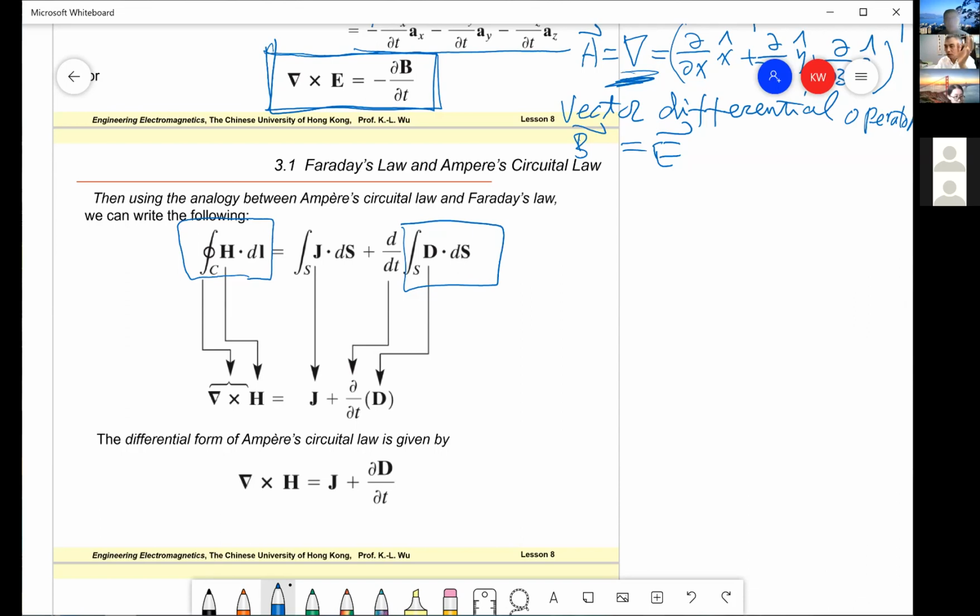Just now, for Faraday's law, what we did is S, but B.